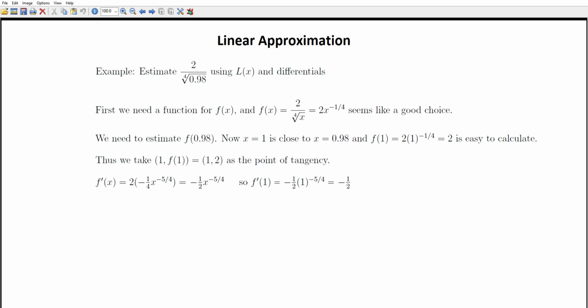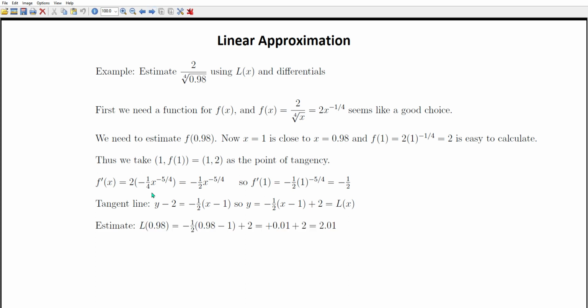That's the slope of our tangent line. So our tangent line is going to be y minus 2, the y-coordinate, equals minus 1/2 times x minus 1, the x-coordinate. And moving the minus 2 to the right-hand side, y equals minus 1/2 times x minus 1 plus 2, which is what we've been calling L of x.